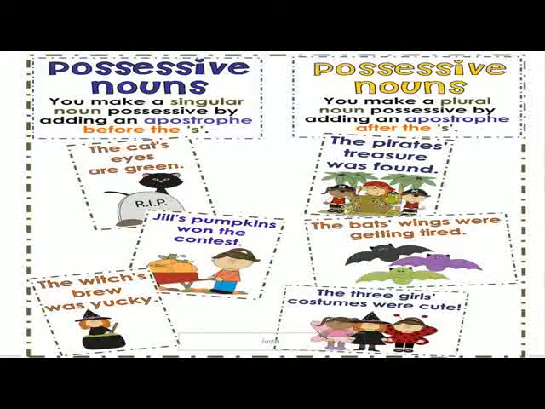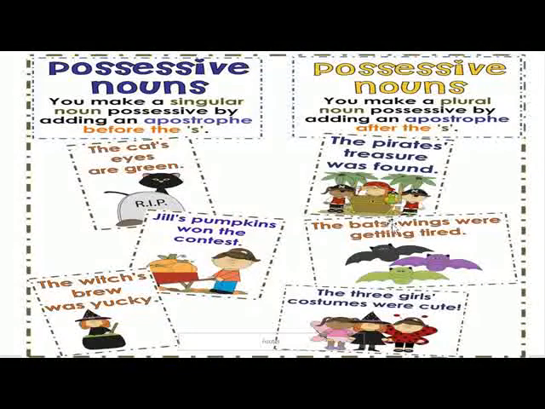Because I have more than one person here, I use the apostrophe after the S. Okay, again, how many bats here? Also 3. When I want to talk about the wings of the bats, so here, the bats' wings. See here, I use the apostrophe.